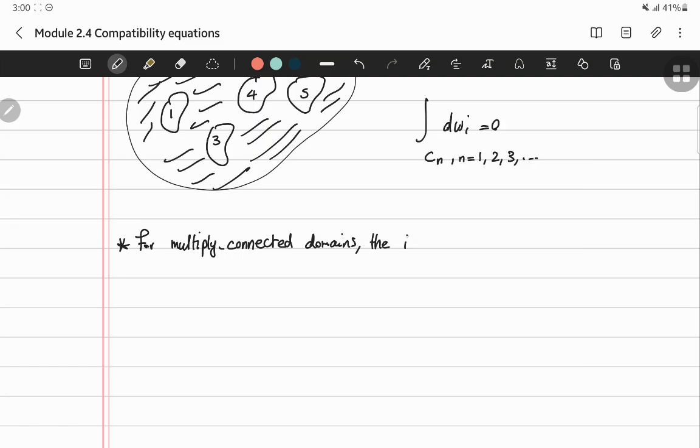The incompatibility equation is only necessary but not sufficient.